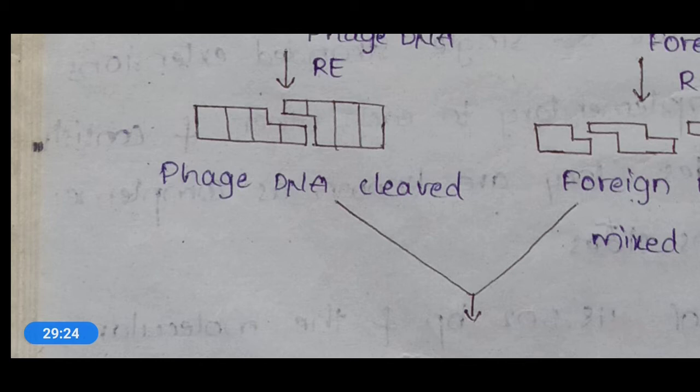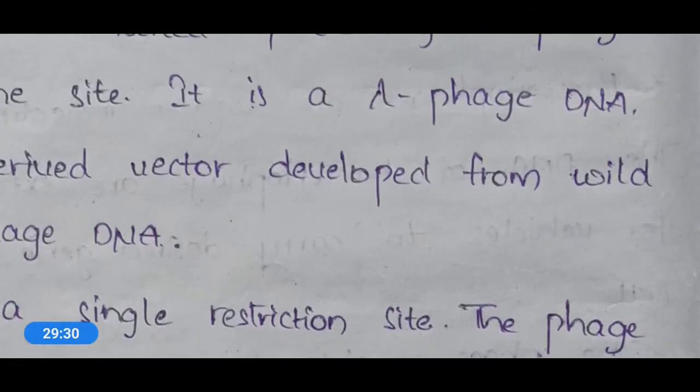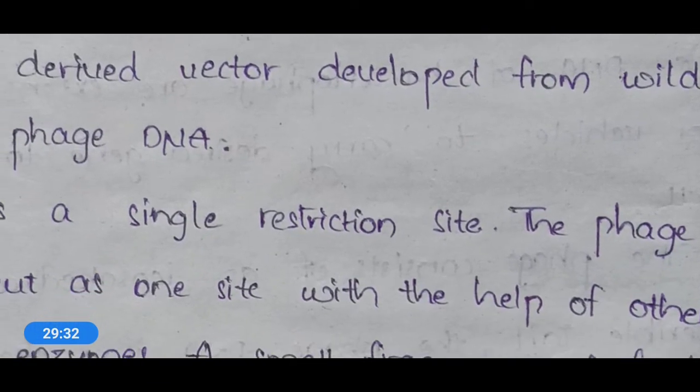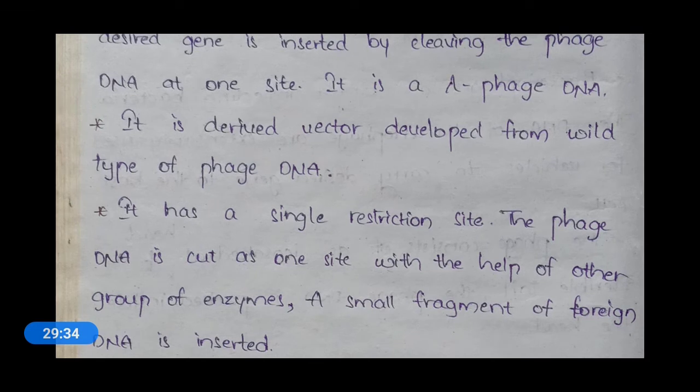Okay, and these bacteriophage vectors will consist of around 48,502 base pairs. Sorry, today disturbances are too much.